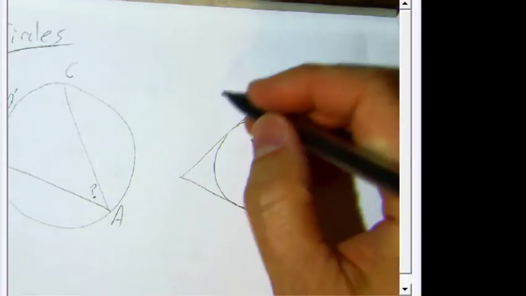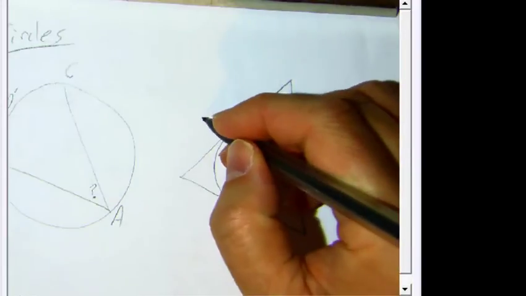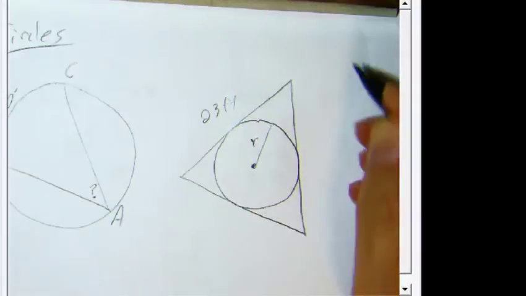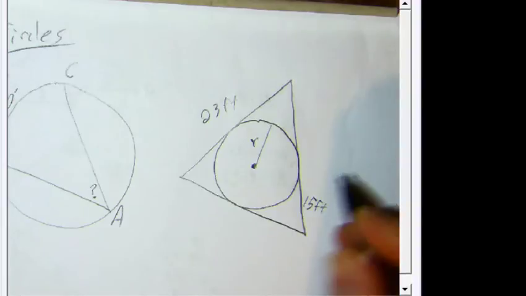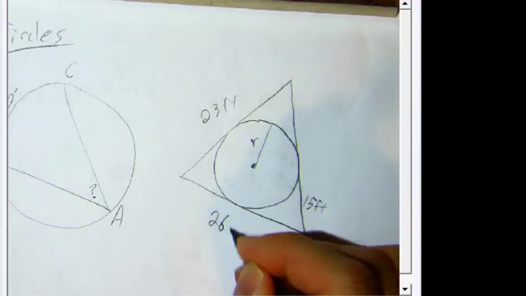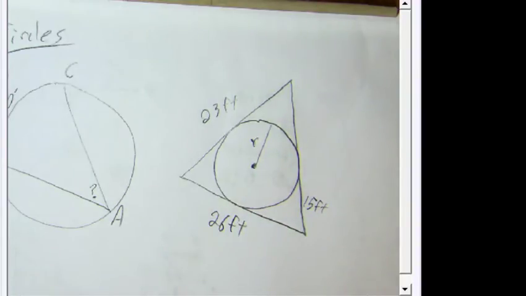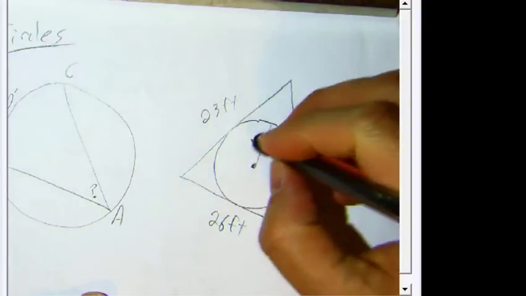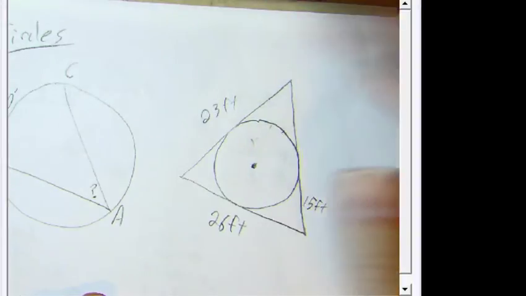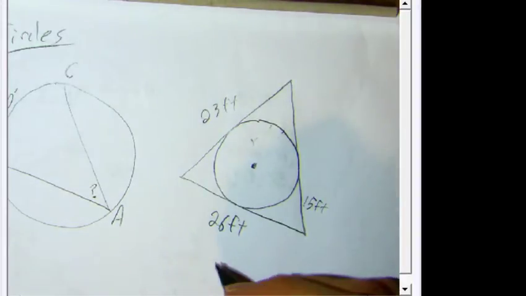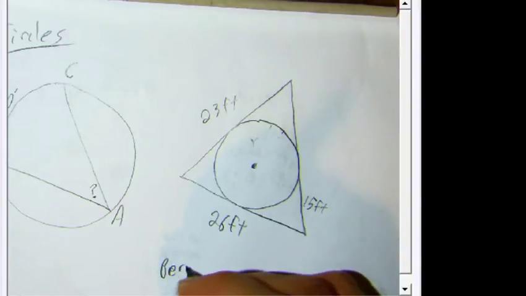Let's say this is 23 feet, and this is 15 feet here, and this is 26 feet. Okay, so the question is perimeter, correct?